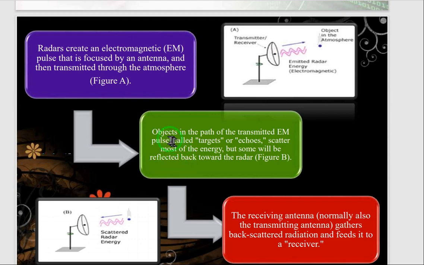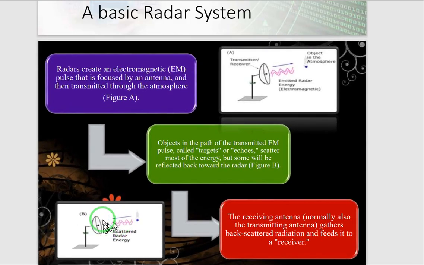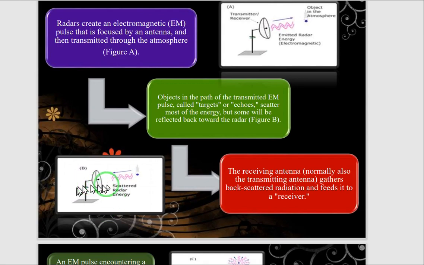That means if an object or target comes in the way of the transmitted wave, it returns echoes. Most of the energy is scattered, but some is reflected toward the radar. That has been defined in this picture, that energy is returning back.